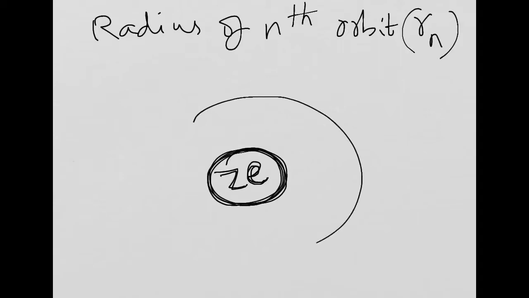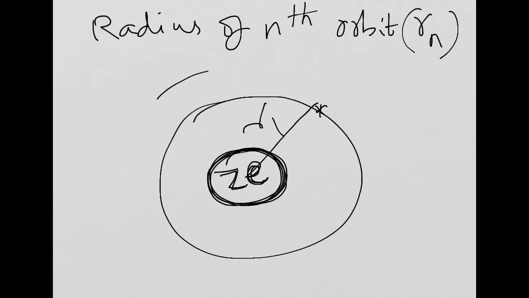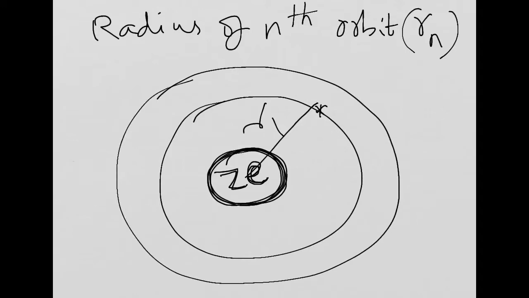Suppose I consider an electron revolving in the first orbit. Can I not call this distance radius 1, because it is the first orbit? If there is an electron revolving in the second orbit, I can call this distance radius 2.